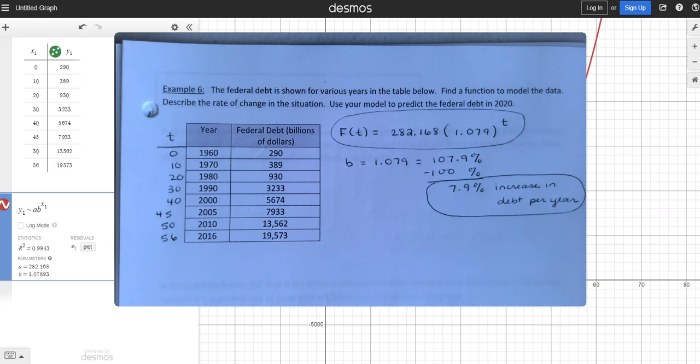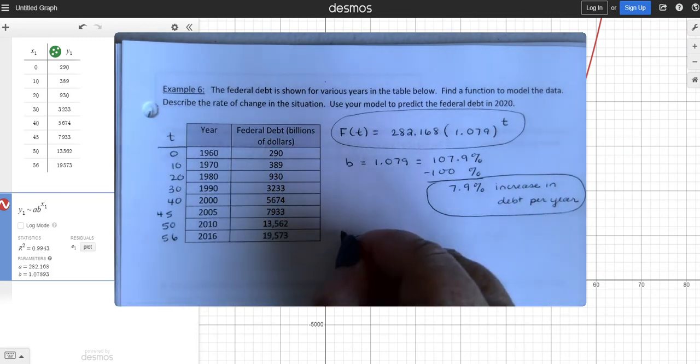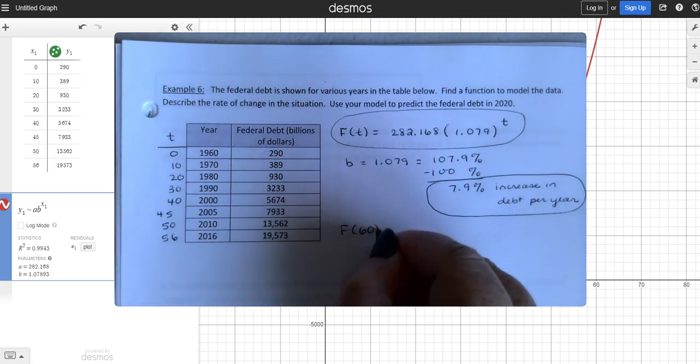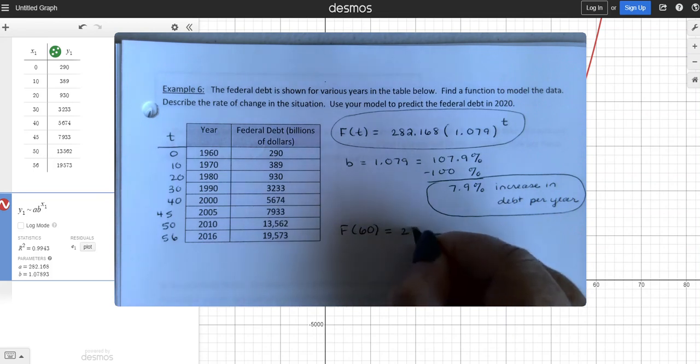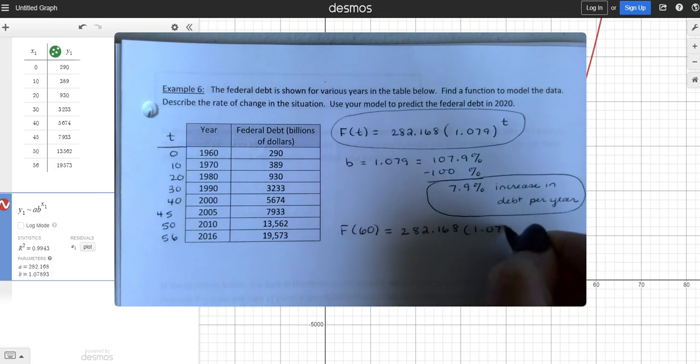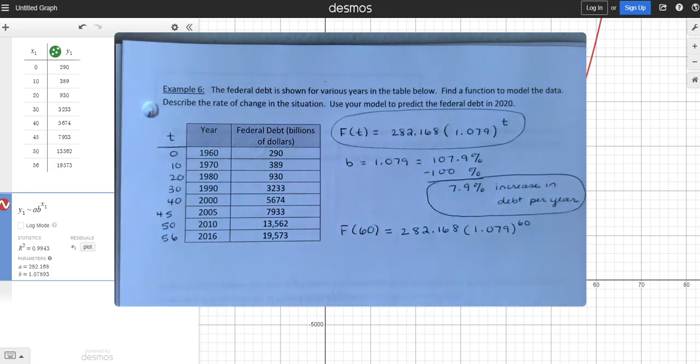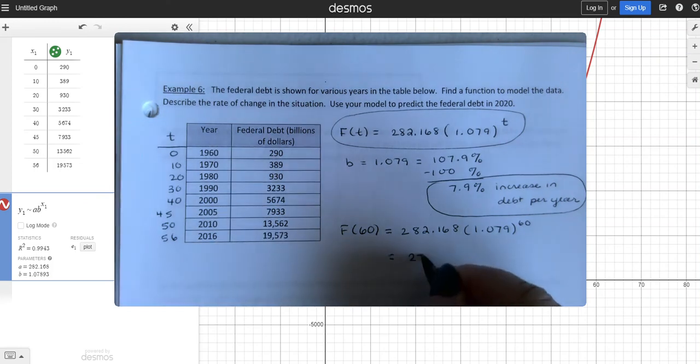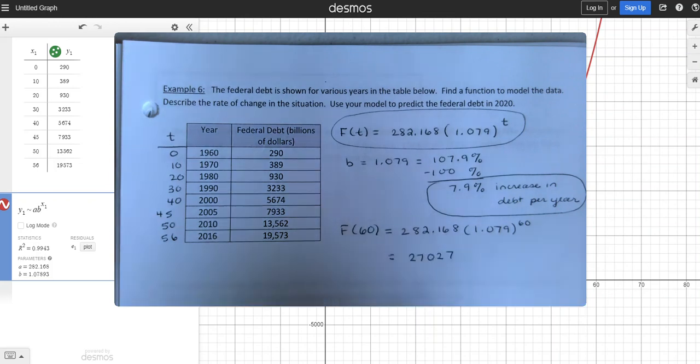All right, and then to predict for 2020, let's see, that would be 60 years after 1960. So if I calculate f of 60, see what we get here. I am getting 27,027 if I round to the nearest whole number.